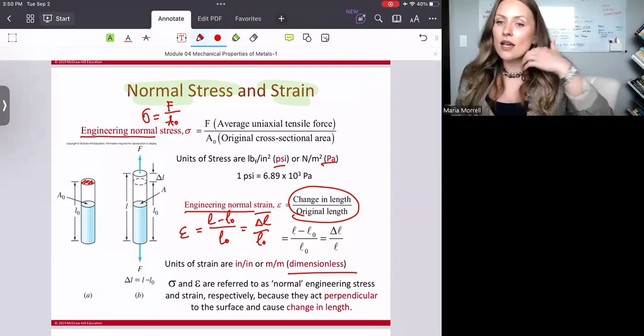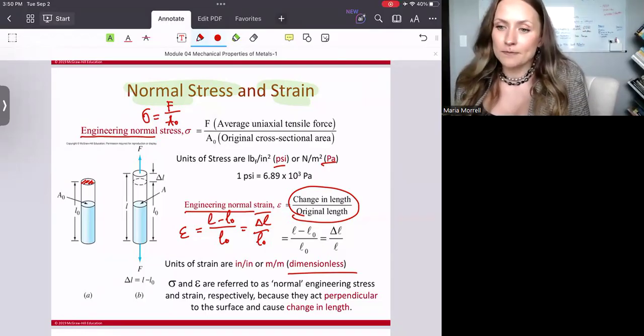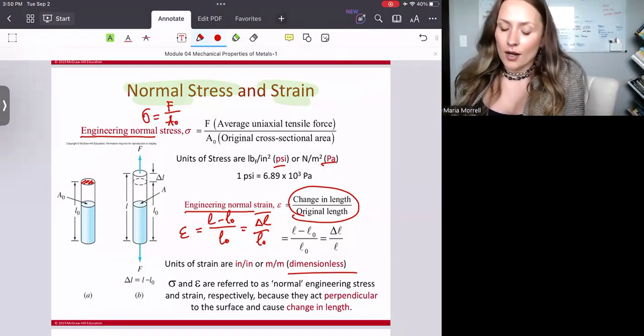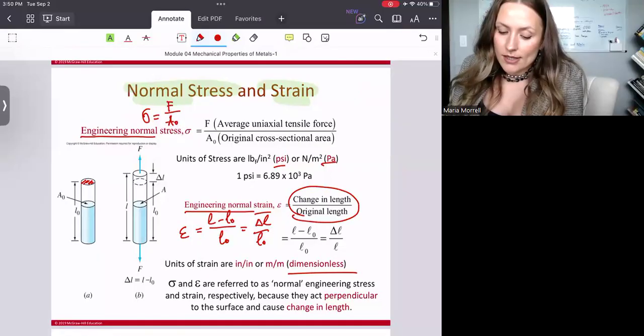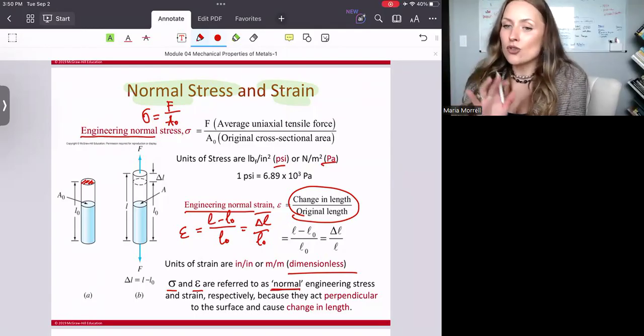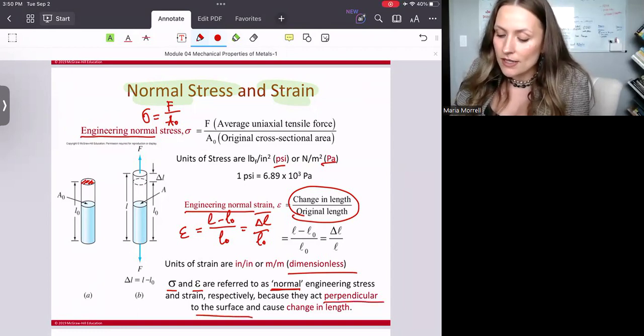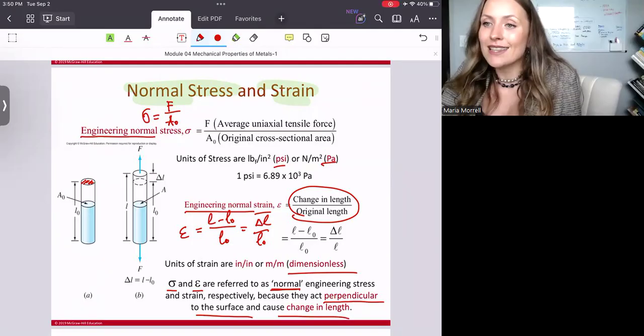Because you have units of size divided by units of size. And once again, the sigma and the epsilon are referred to as normal, either engineering stress or strain, because they act perpendicular to the surface and then they cause the change in length. Okay.